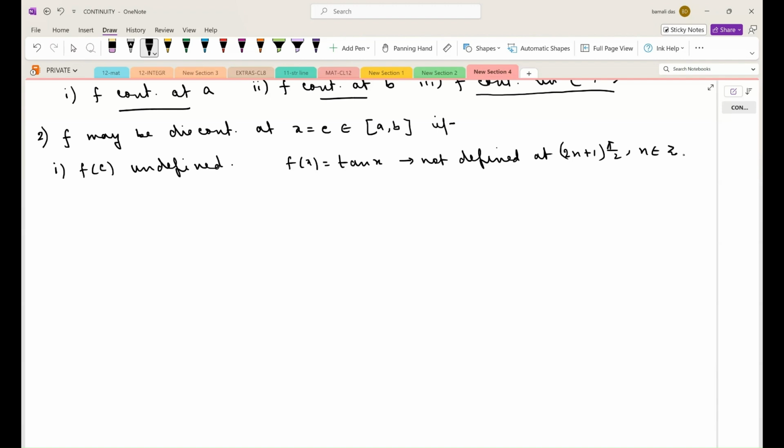But in higher classes, when we say tan x is continuous, what we mean is tan x is continuous in its domain, which does not include the odd multiples of pi by 2. So remember that.